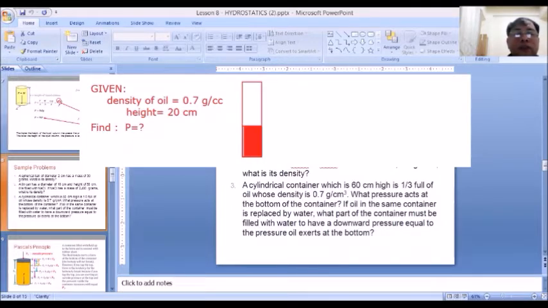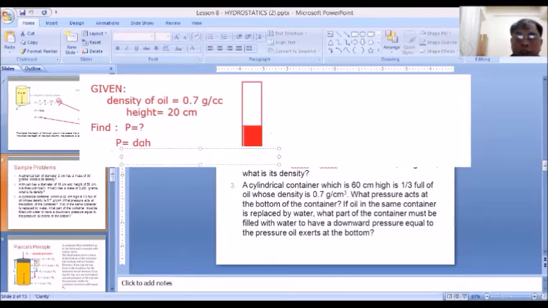Now, how much is the pressure at the bottom, if that's the height of your oil? If we find the pressure, our formula for pressure is density, gravity, and height. G there is the acceleration due to gravity.